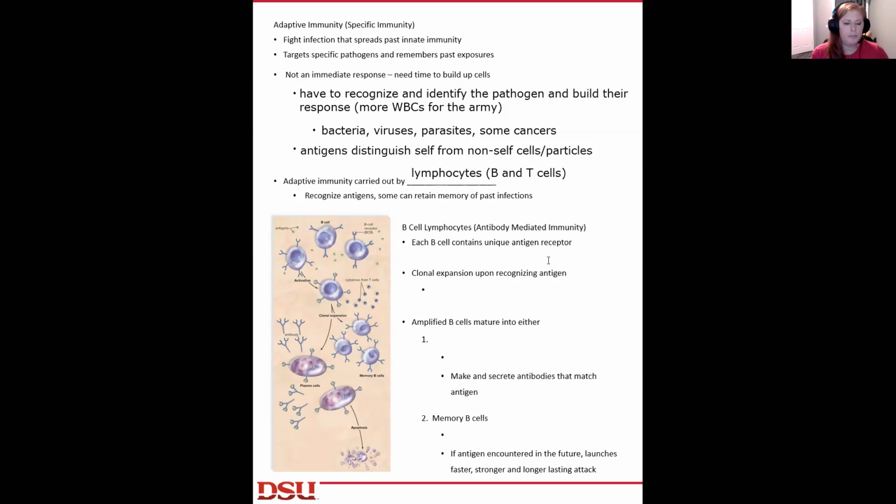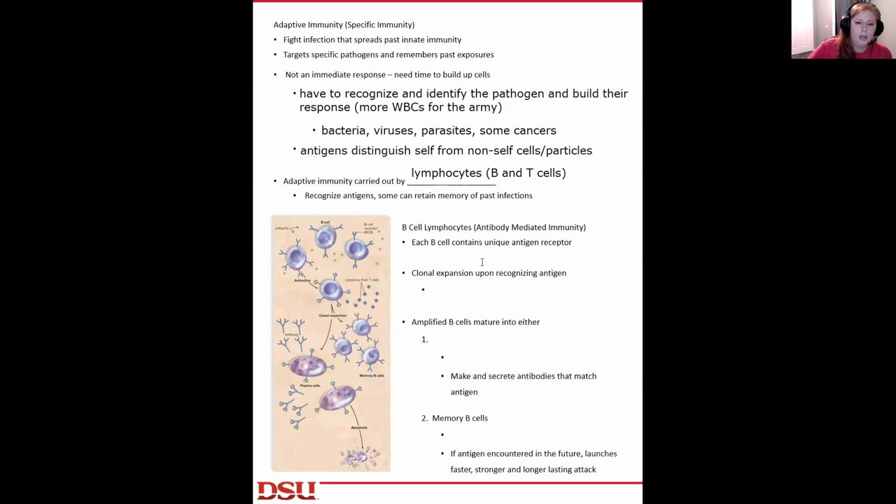Okay, so that B cell is going to amplify itself, making a bunch more of it that can find the same antigen and destroy it. Again, that's part of the reason that there's a delay in the response, because the B cell finds it, recognizes it, identifies it, but then it has to build up its army to go and find all the other antigens that are in the blood to kill.